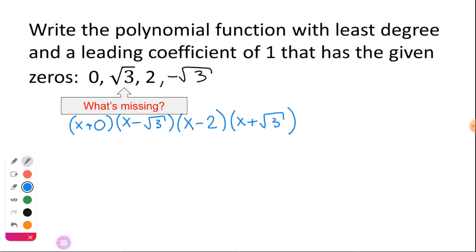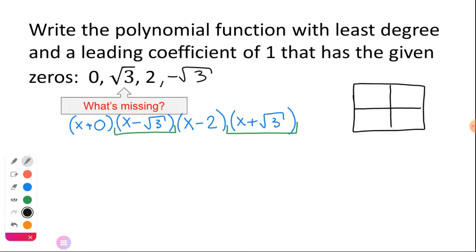So we're just going to multiply all of these pieces together until we get what we're looking for. I highly, highly recommend starting with any pairs that you have. So we had the square root of 3 and negative square root of 3. Those were our pairs. Something special happens when you multiply these pairs together. I'm going to create a 2x2 box because I have 2 binomials, and multiply x plus the square root of 3 and x minus the square root of 3.